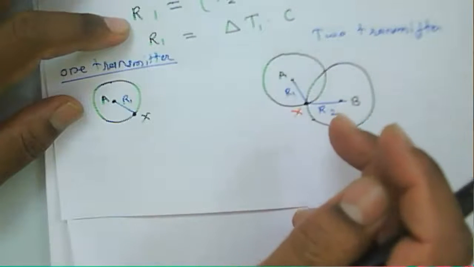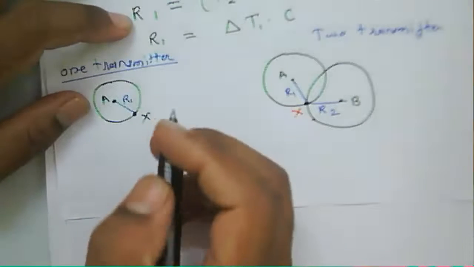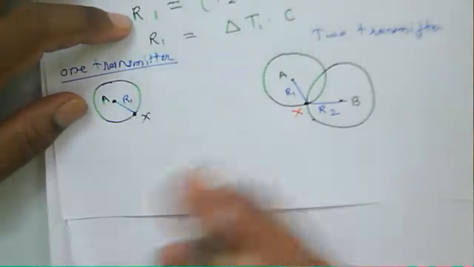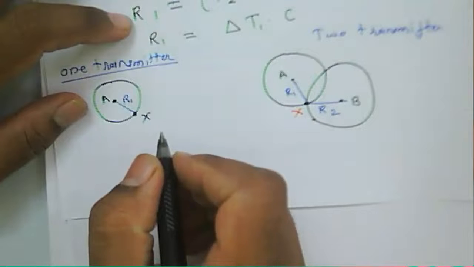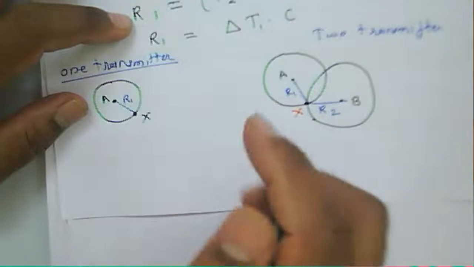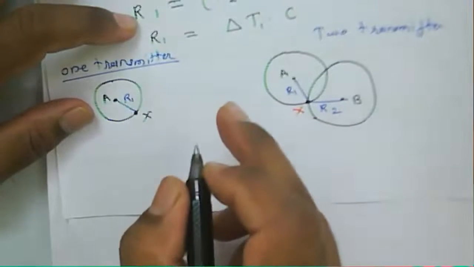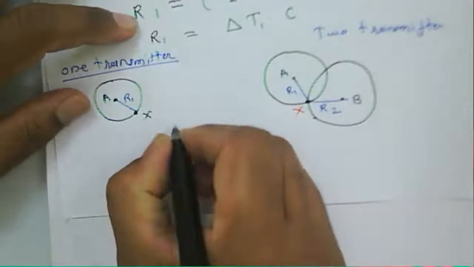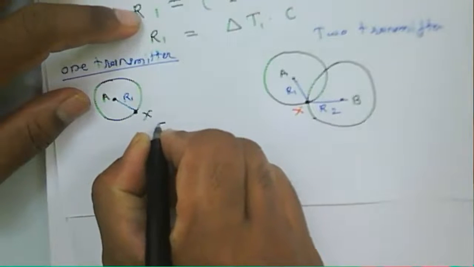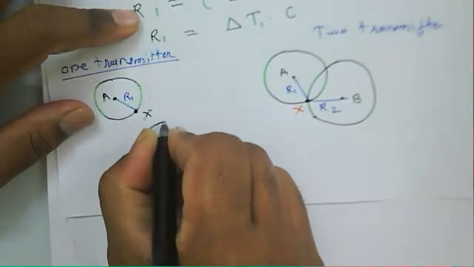So now we can say that we should have another transmitter at a known location. Then we can find the distance between that particular transmitter and our location.